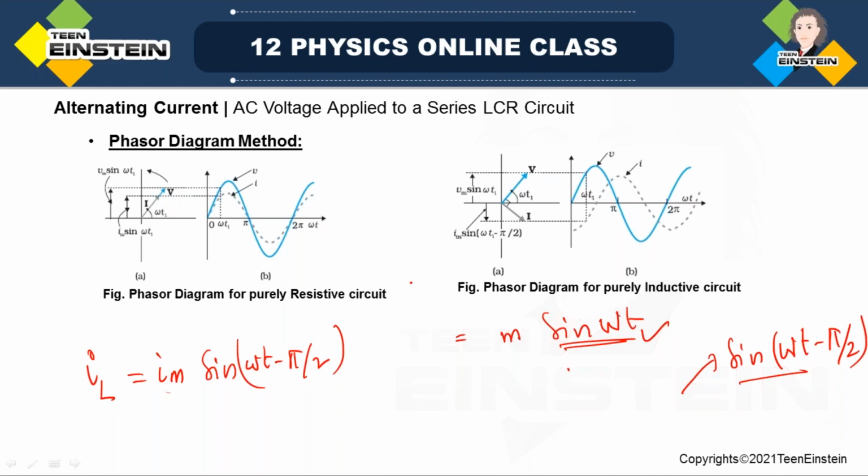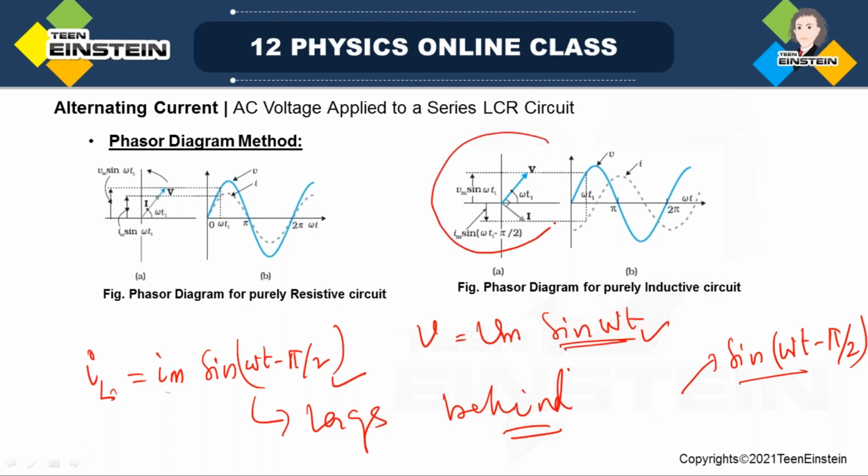You can see the current and voltage have a 90 degree phase difference, and the current lags behind.